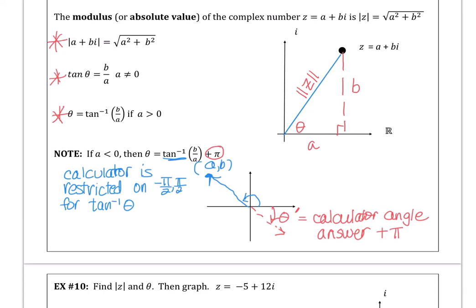And to get back to this terminal side, I need to add pi to that calculator answer to be back into the right quadrant.